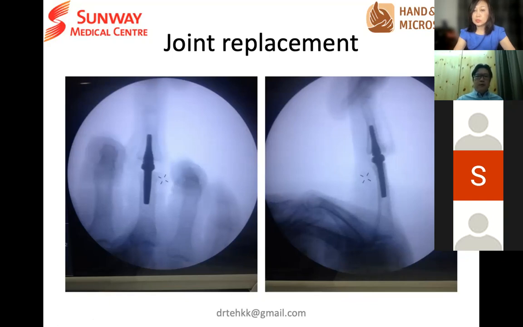The company that used to bring them in actually stopped for quite a while because the MDA cost to register all these implants was just too much for them to want to invest in the registration. But lately one of the companies did manage to bring it in. But I have not had any operations of the finger joint since this patient that I've done.